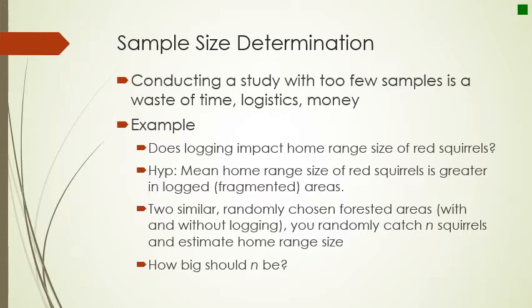Presumably you're trying to control for other factors that may differ among these sites. And you randomly catch N squirrels and estimate the home range of squirrels in the logged area and in the unlogged area. How big should your sample be so that you can actually come to a confident conclusion from your experiment?